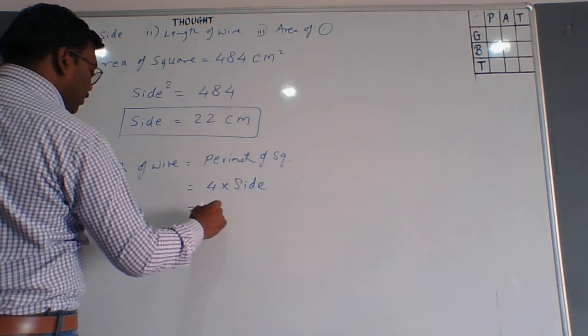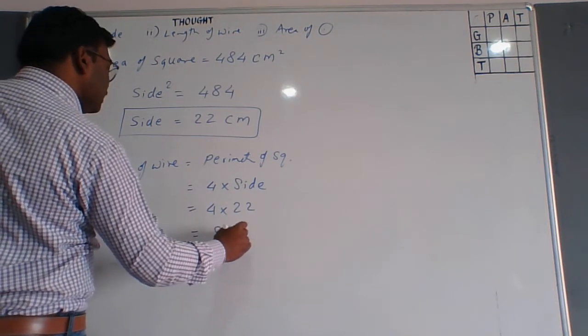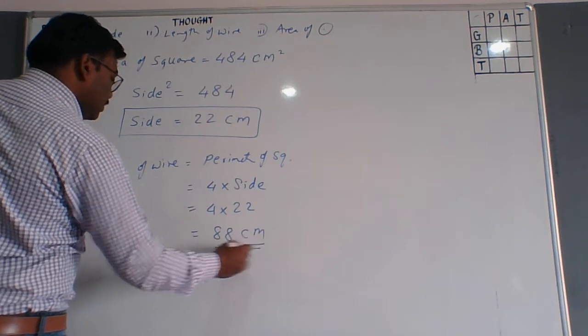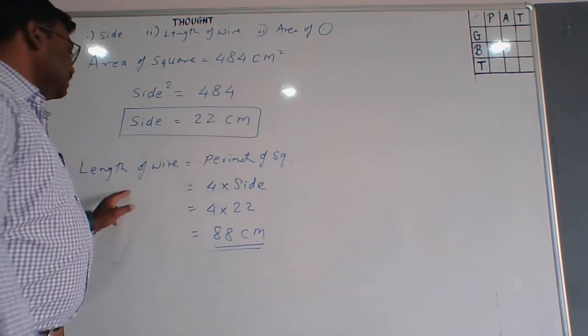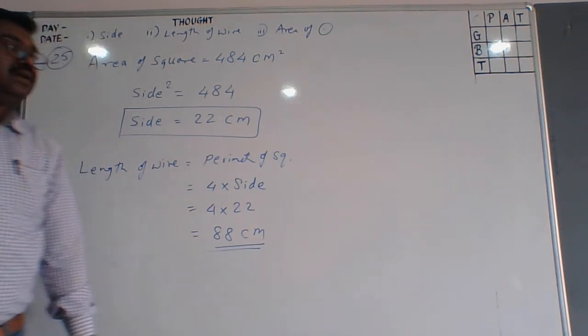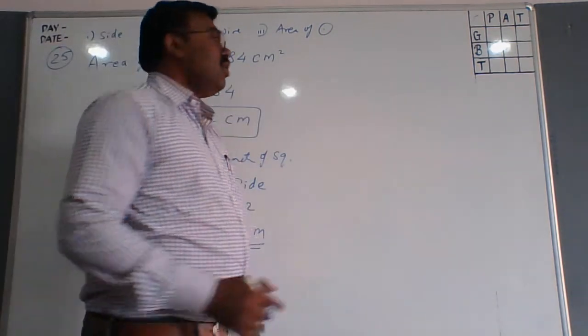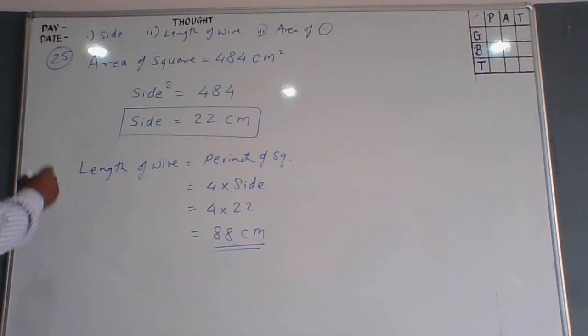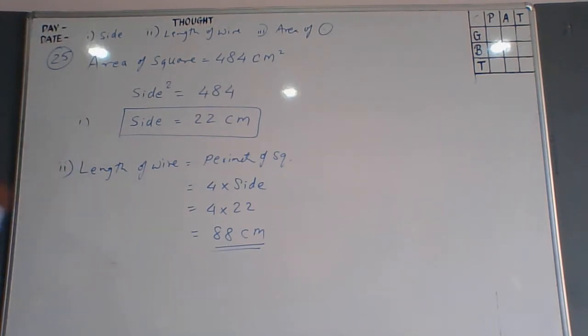That means 4 multiplied by 22, which is equals to 88 centimeter. So for second, the answer is 88 centimeter. Perimeter of the square means length of the wire. Now the third thing that we want to calculate is the area of circle. So this is the answer for the first part. This is the answer for the second part.